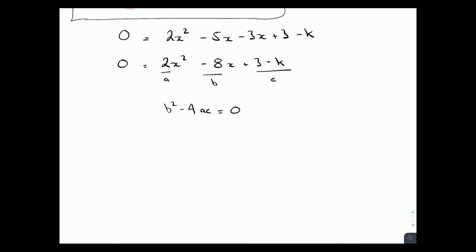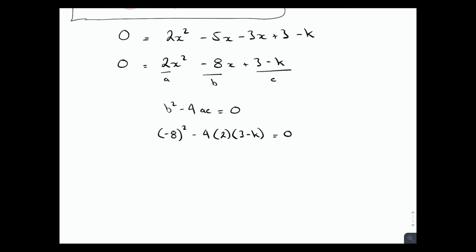So let's take a look at what happens when we plug these into the equation for the discriminant. I'm going to get negative 8 squared minus 4 times 2 times 3 minus k equals 0.